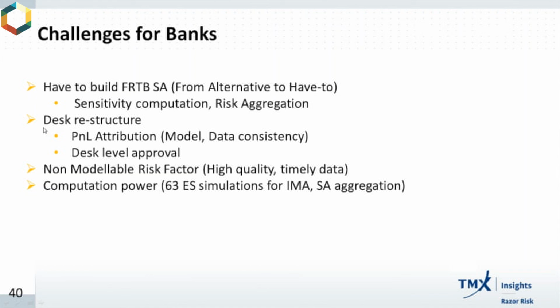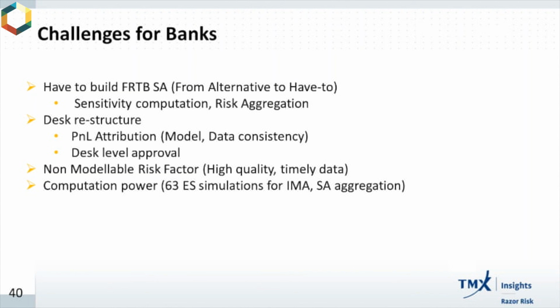The second challenge is the desk restructure, due to two reasons: P&L attribution for model and data consistency, and desk level approval. As we mentioned before, P&L attribution is much easier to pass for a vanilla desk, but it is hard to pass for a structured desk.